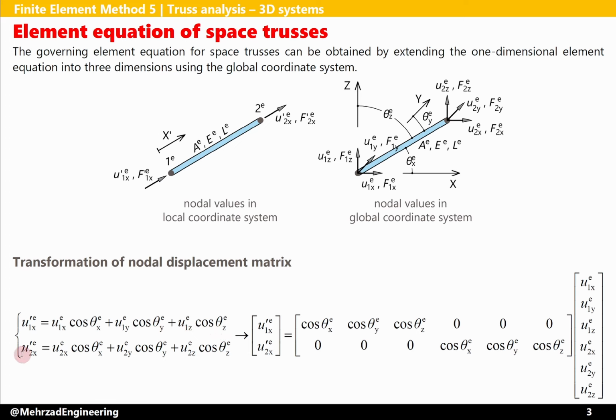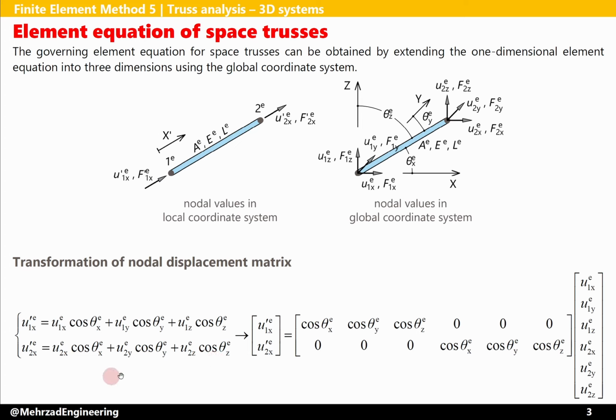And we could do the same for node 2 and find the relation between u prime 2x, the displacement in the local coordinate system for node 2, and displacement components for node 2 in global coordinate system.